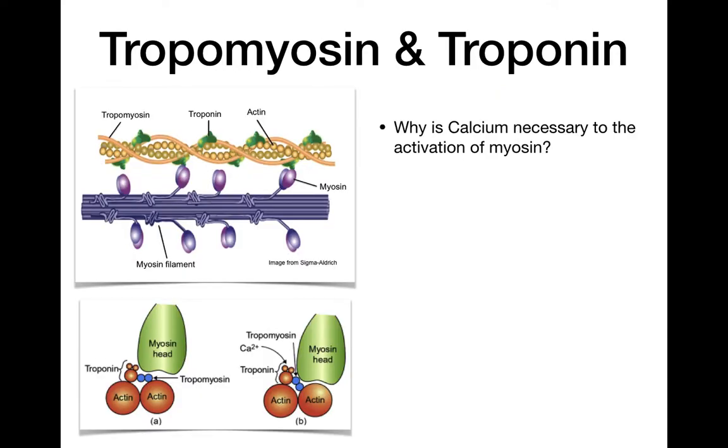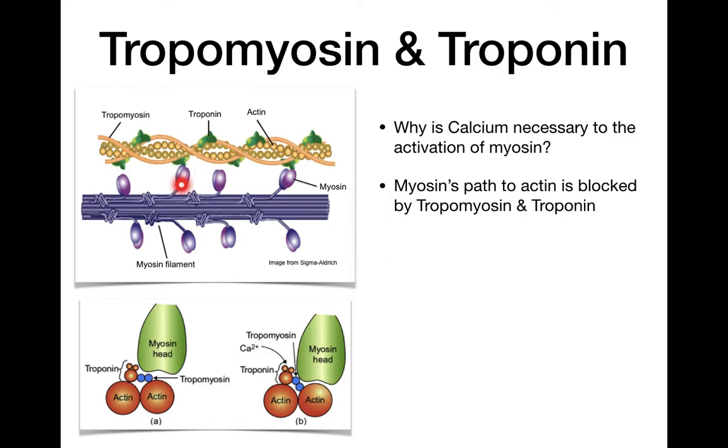Okay, so why is calcium necessary? What does calcium actually do? Well, if you look at this diagram here, what I was showing you earlier, this myosin head can't actually attach to actin. Actin is this thin yellow fiber here, and there's this green thing blocking the way. Myosin can't attach to actin because troponin, these green fibers, which are attached to the fiber of tropomyosin, is blocking it.